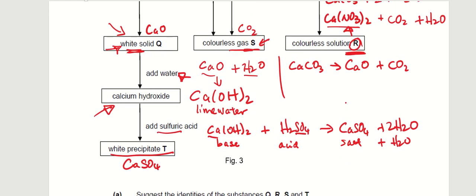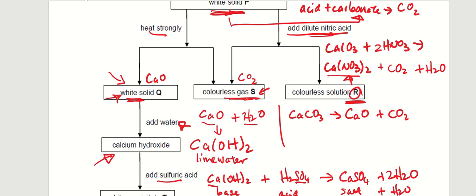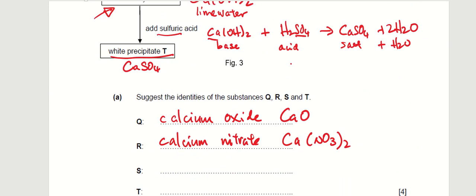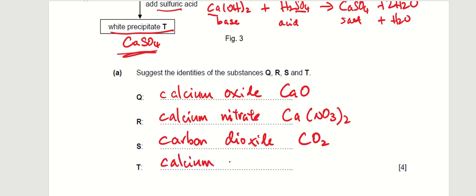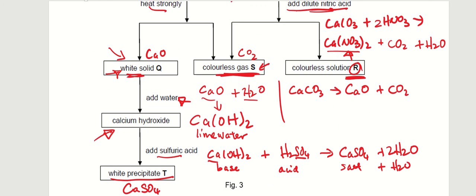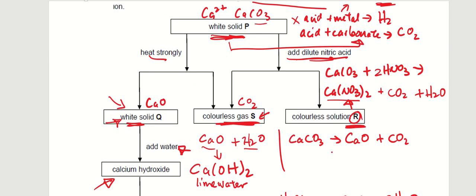What is S? S is the colorless gas, which is carbon dioxide, formula CO2. And finally, T, the white precipitate, is calcium sulfate, which is CaSO4.